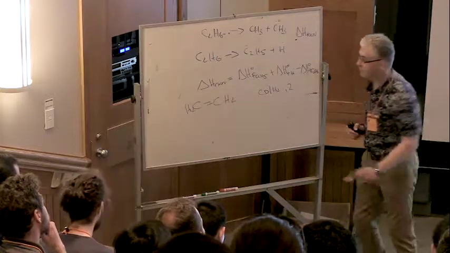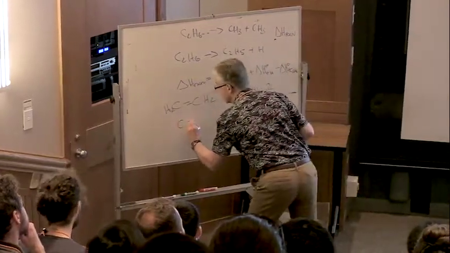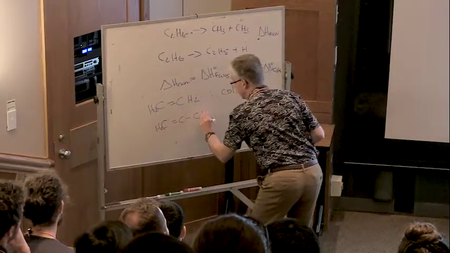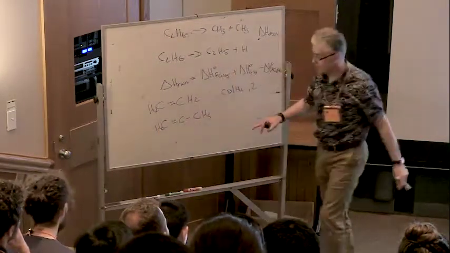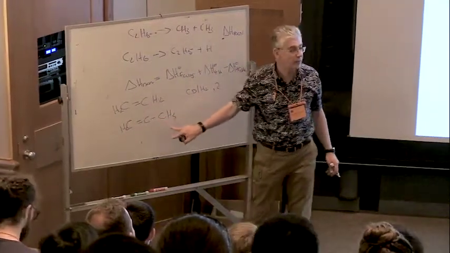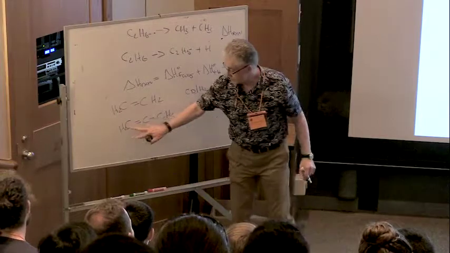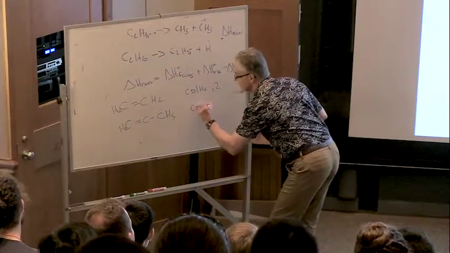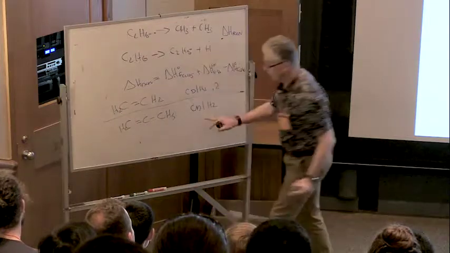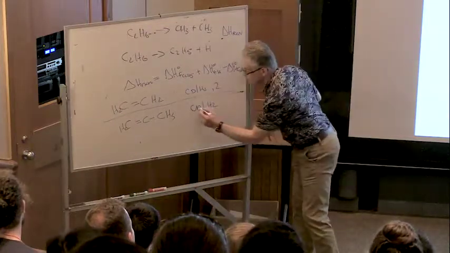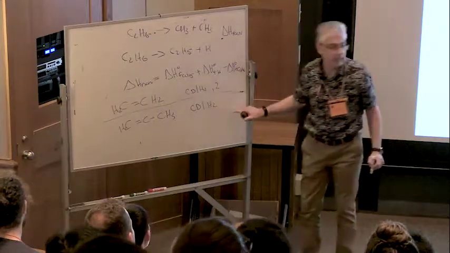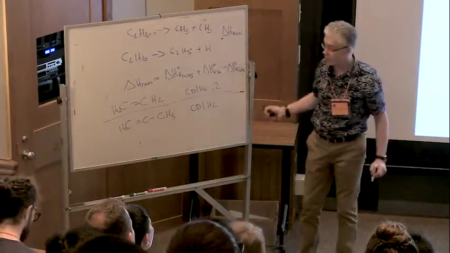What about propene? C bonded to C, we have H2, H3. So we have 1, 2, 3 heavy atoms. How do we define this? We have CD bonded to H2. That's 1. What else do we have?